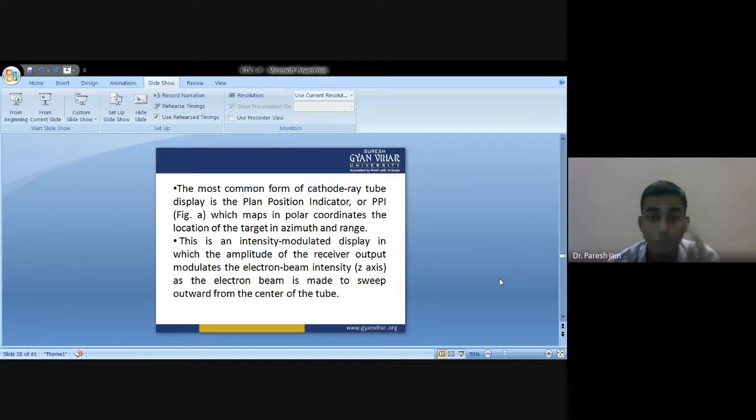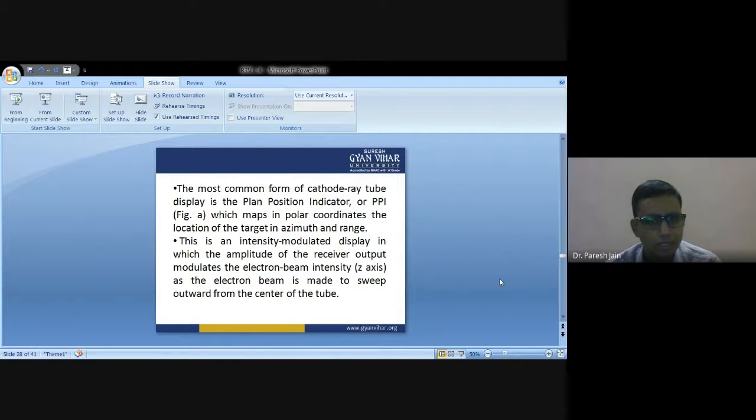Next, the most common form of cathode ray tube display is the plane position indicator, that is the PPI indicator, which is shown in figure A, which maps in polar coordinates the location of the target in azimuth and range.